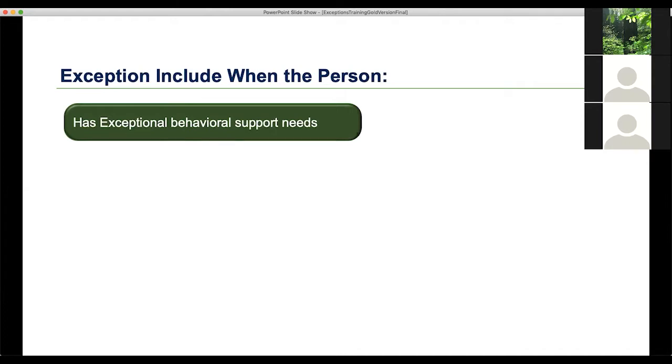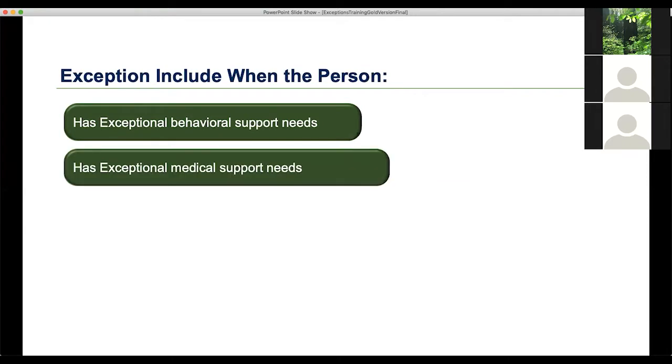So that's one category. We have exceptional medical supports as another one. And this might be an individual who, again, has a very acute medical condition, and maybe they need some really intensive hands-on intervention or treatment or support related to their medical condition. In some cases, you'll have both a behavioral support need and a medical support need. And again, that just makes it a real exceptional situation.